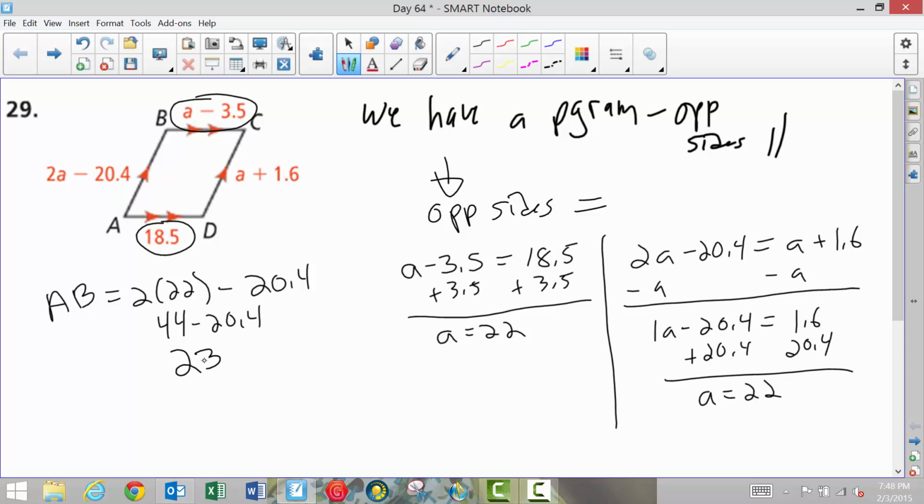We get 23.6. So if this is 23.6, I know this is 23.6 because opposite sides are equal in a parallelogram. And I know that the top here is 18.5 because, again, these two are equal. So there's number 29.